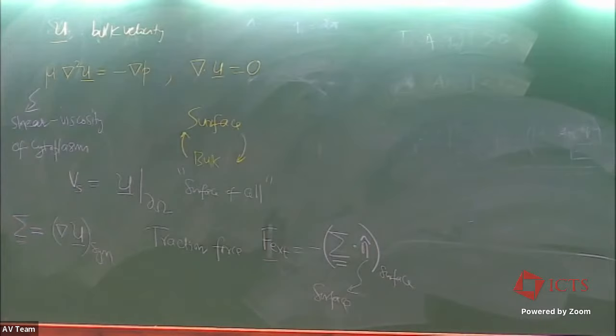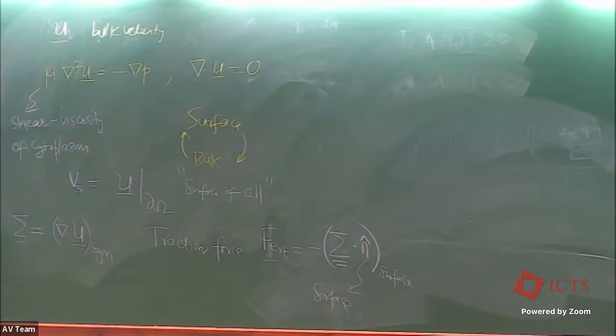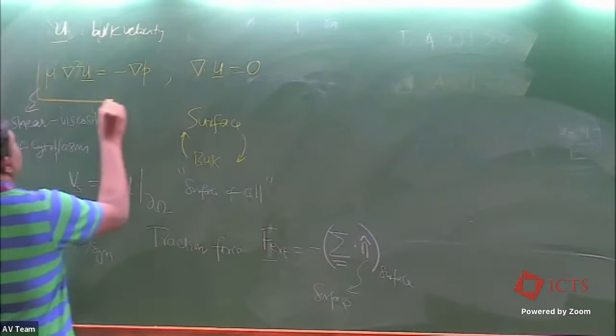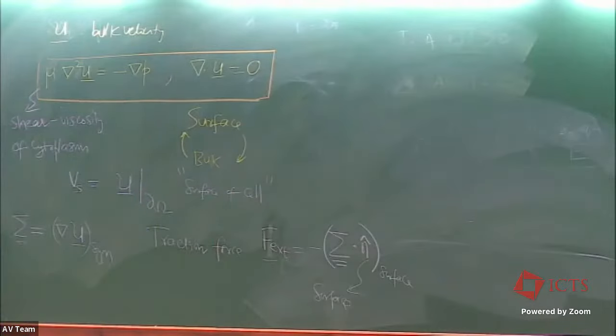The bulk stresses generate traction forces for the surface flows. This is the equation for the surface flows, very similar to what we wrote yesterday or even today for the two-component active oscillatory systems. And the bulk fluid satisfies a simple Stokes equation.